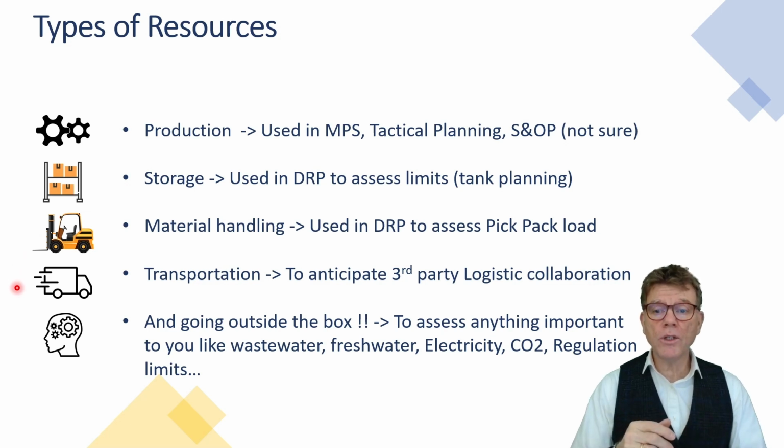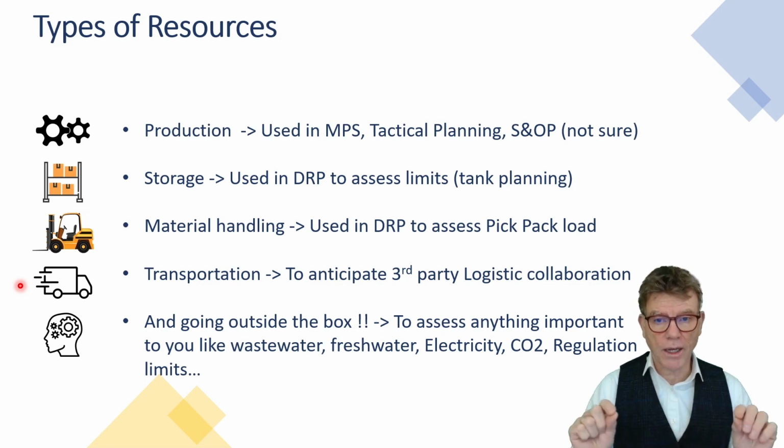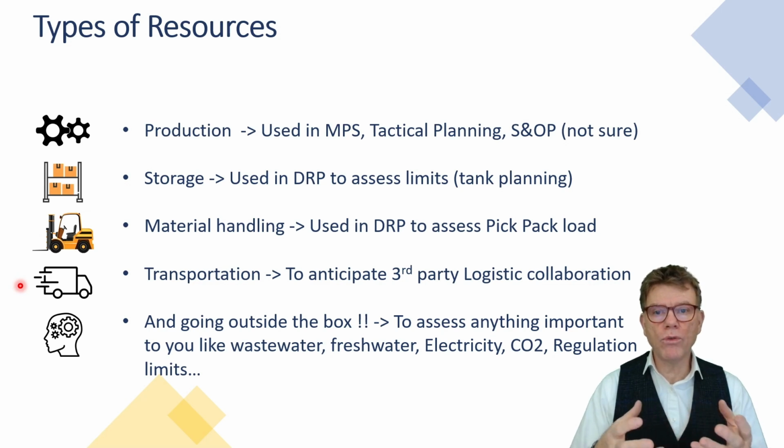Then there is the transportation resource attached to any location source, in other words, transportation lane, which allows you to track and follow the volume planned to be transported between 2 locations, for instance.